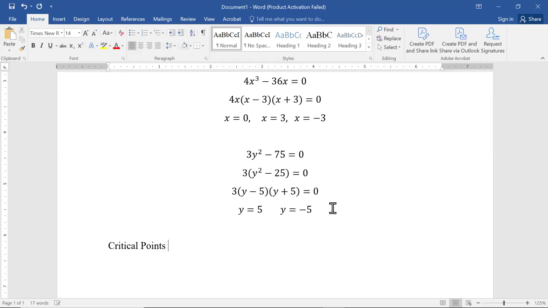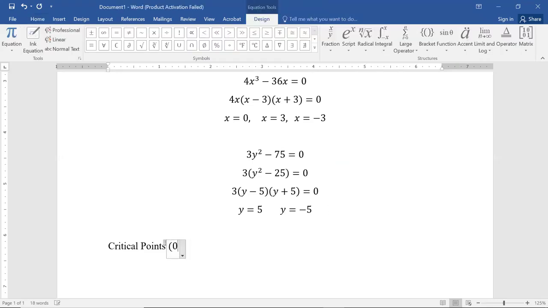in this case. There's going to be the point (0, 5). There's going to be the point (0, -5). There's going to be the point (3, 5). There's going to be the point (3, -5).